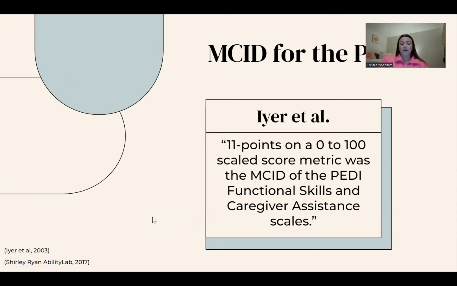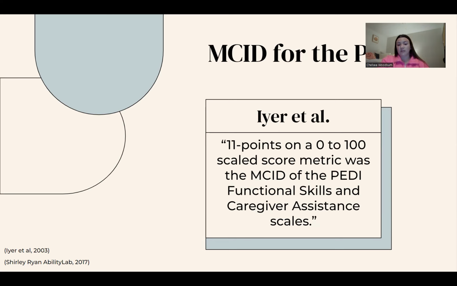So the minimal clinically important difference for the scores on the PD, there's limited research that's been conducted relating to this. And I was also unable to find research for the MDC value for this assessment, but I was able to find one article by Iyer, and this was completed in an inpatient rehab setting.